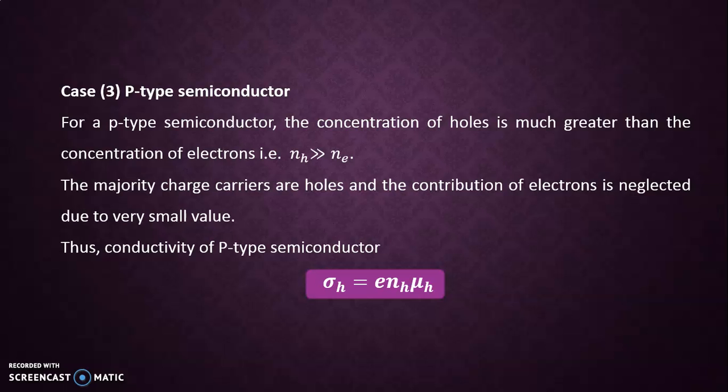This e is the charge, n suffix h is the concentration of holes, and mu suffix h is the mobility of holes. So this is about the conductivity in semiconductors, intrinsic semiconductor as well as extrinsic semiconductor.